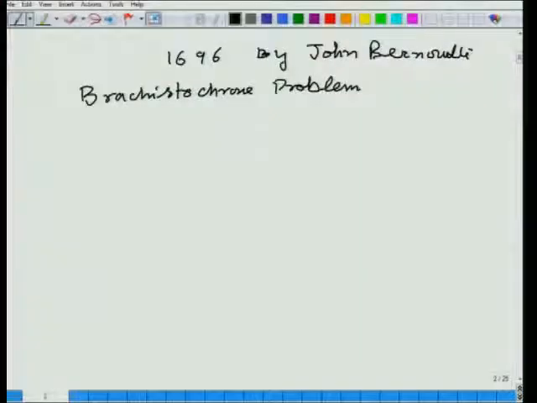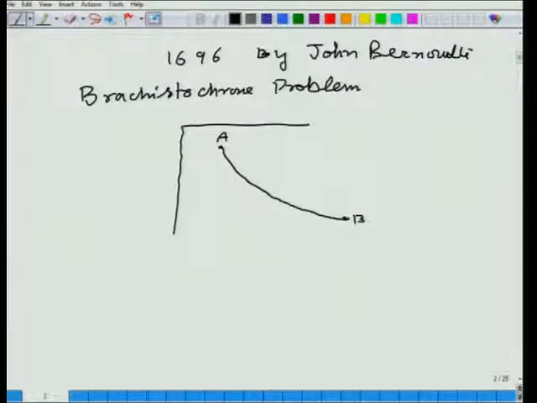least time. So, mathematically this problem can be stated like this: in a vertical plane you have 2 points A and B, not at the same level, at different levels, and then you join them by a smooth curve like this, and a particle slides from A to B under the influence of gravity.